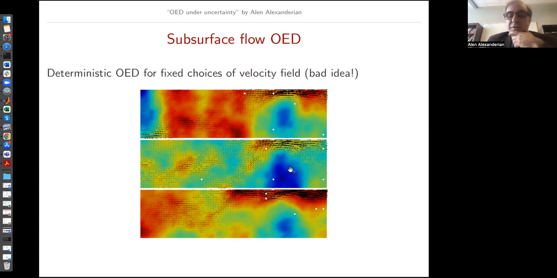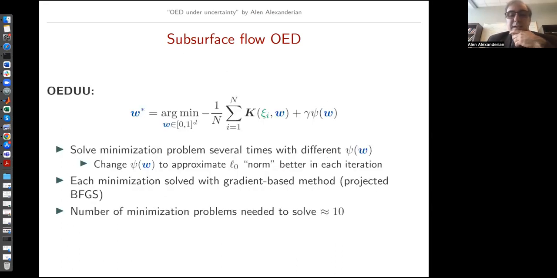And I will also show more results. So that's not something we want to do, but for OEDUU, we will do what we discussed earlier by minimizing the expected value of this operator. And yes, we use this regularized L0 sparsification. So we use a continuation approach for sparsity control.